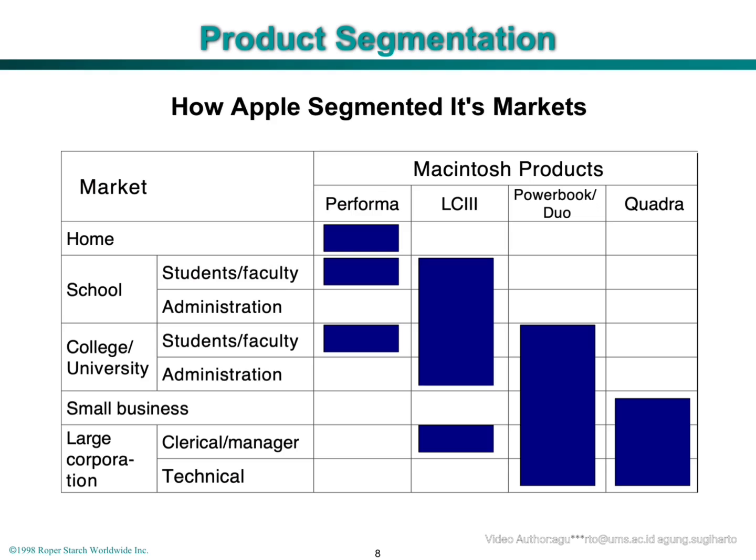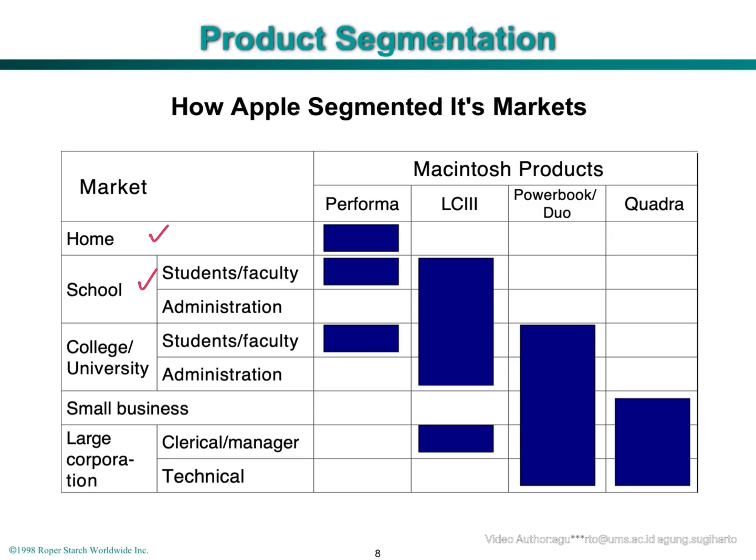Here is an example of product segmentation in the market by Apple. How Apple segmented its market: they segmented by home use and then school.